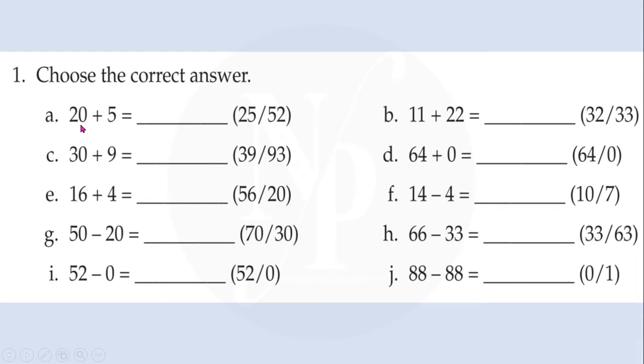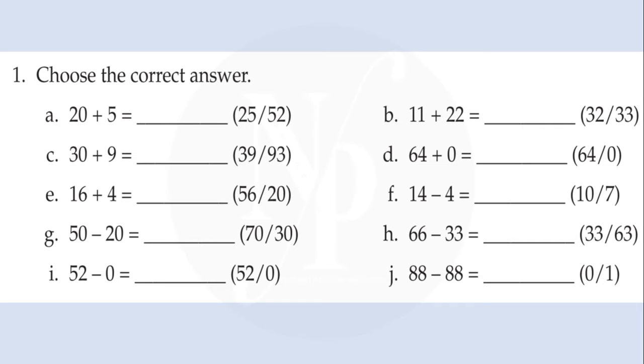A. 20 plus 5 is equal to dash. Dear children, what is 20 plus 5? Or what you get when you add 5 to 20? Yes, you should count 5 after 20.